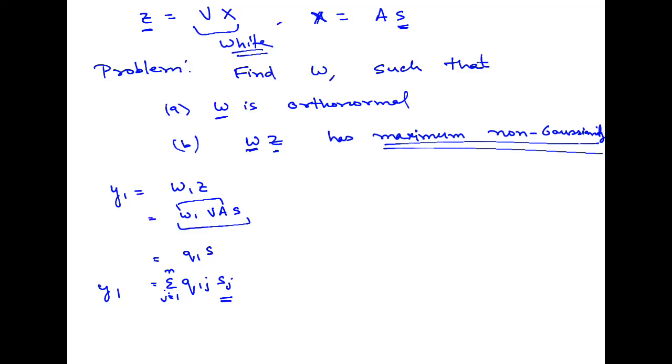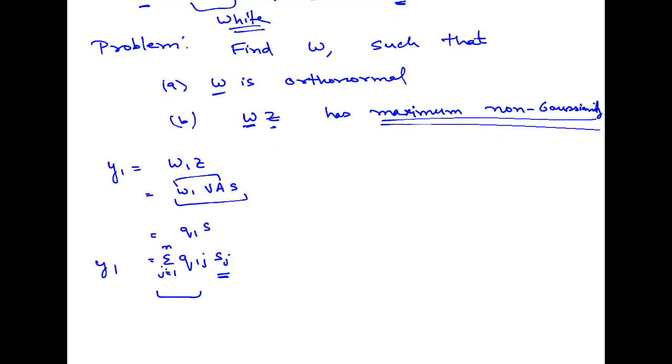Let's say I find W such that just one of these Q's is not 1. Let's say I choose a W1, and let's say I have a measure of non-Gaussianity. So for every source I have a measure of non-Gaussianity.